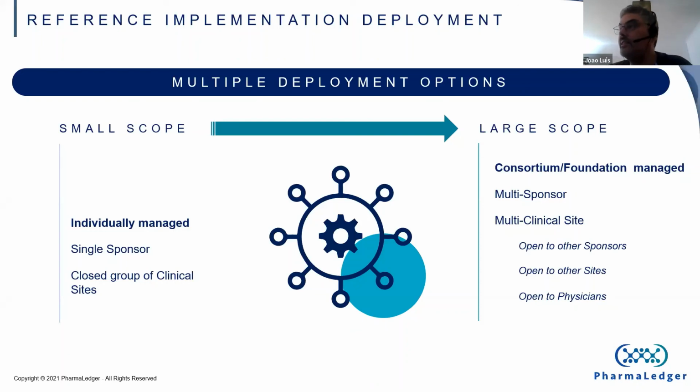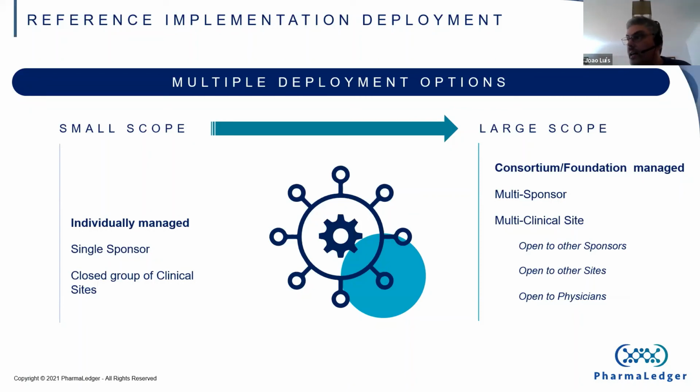So does this software privilege some particular sponsor or not? Well, no, this software is agnostic in the way that it can be used. It can be used in the simplest way by a single sponsor or a single group of clinical sites, or we can try to collaborate together and make it work for many sponsors at the same time, many clinical sites, and even define governance mechanisms to welcome more sponsors, more clinical sites, and physicians.